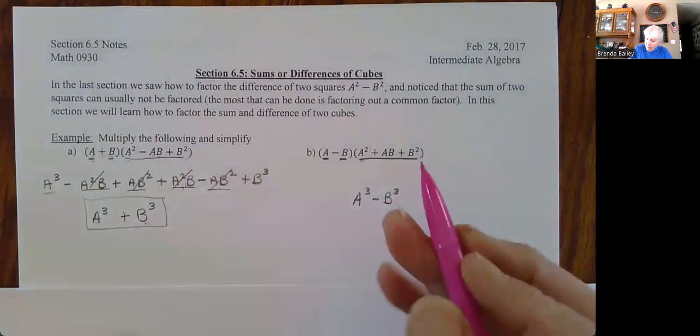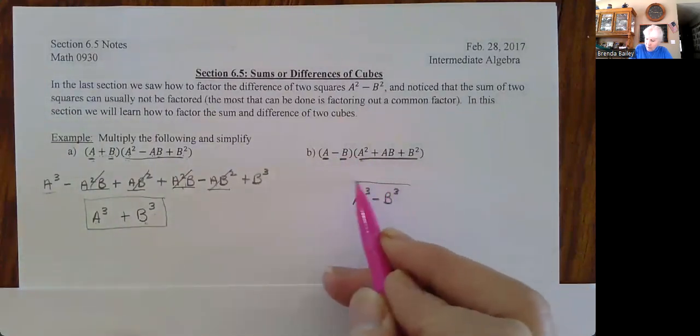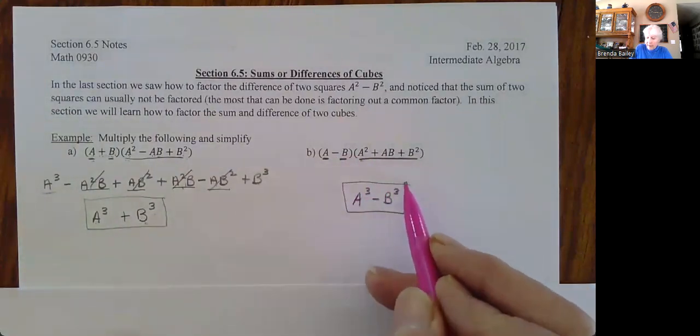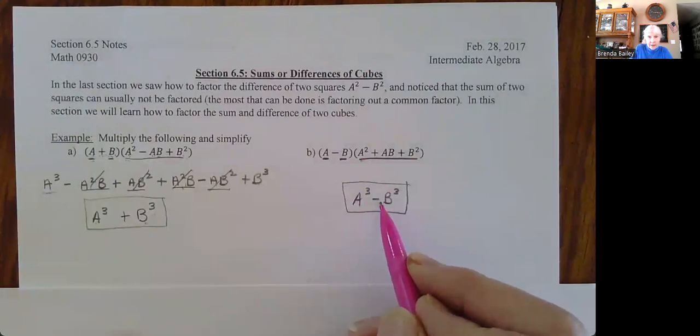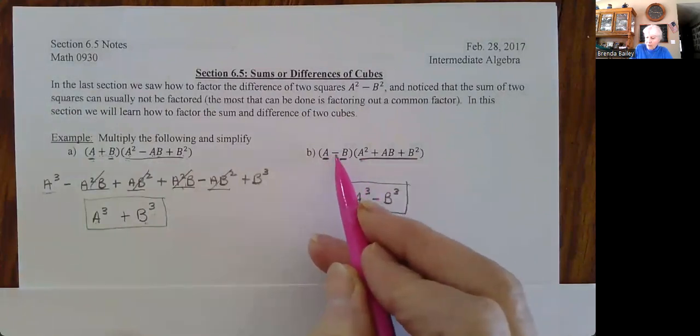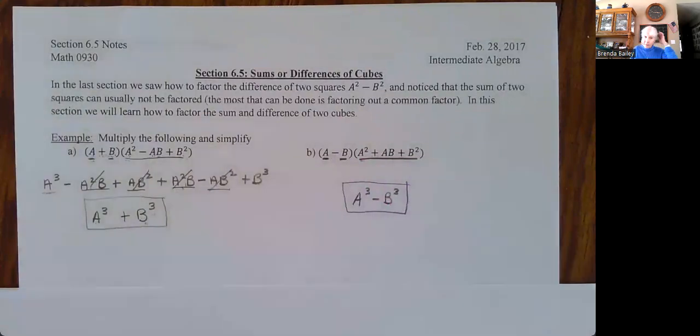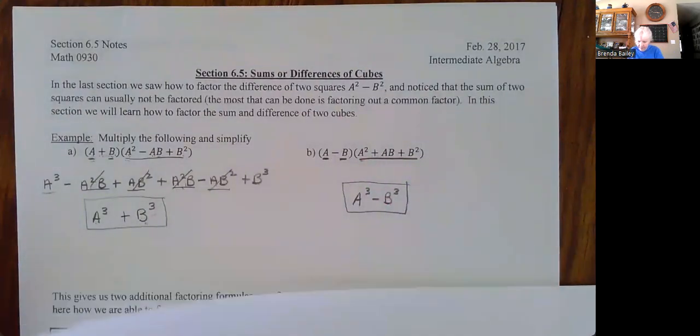So now we have a formula to follow. So if your polynomial looks like this and you want to factor it, you can just follow this right here, knowing what the A and B are.